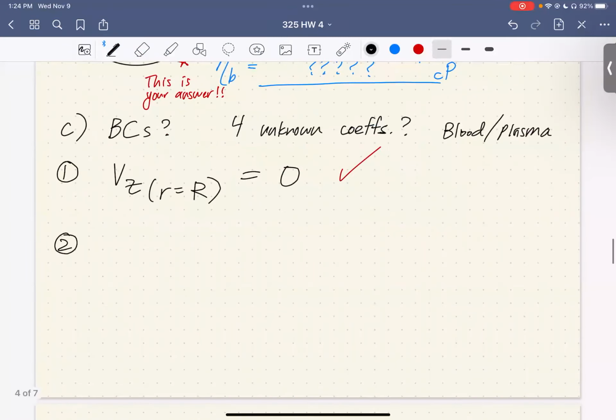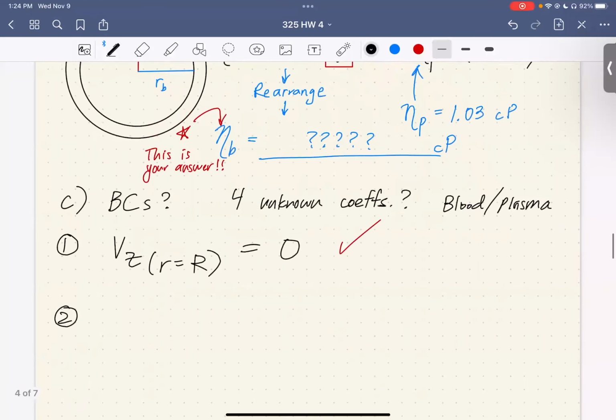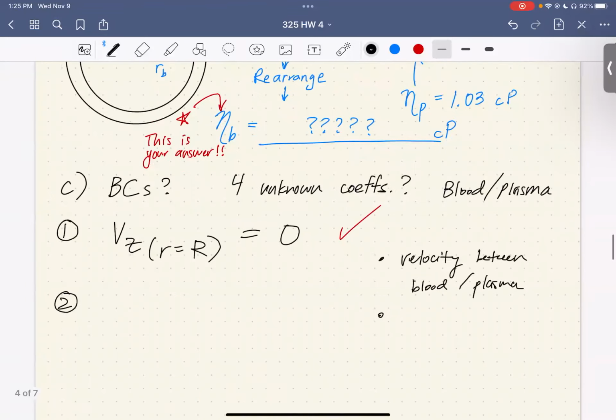Now, what are the 4 unknown coefficients? Well, we don't really know the velocity between blood and plasma. We also do not know the shear stress between blood and plasma.